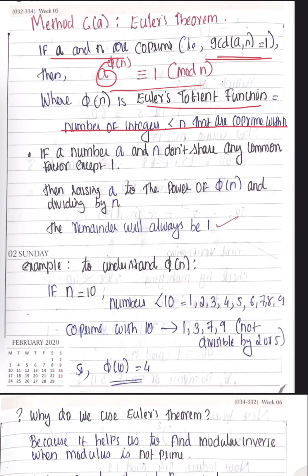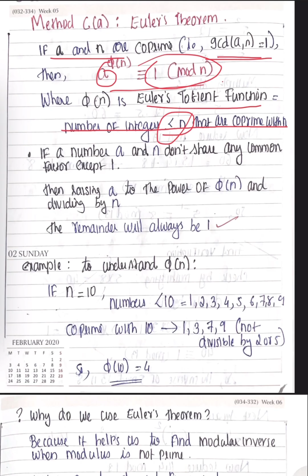The Euler totient function means the number of positive integers less than N that are coprime with N. Congruent to 1 mod N means that the remainder becomes 1.